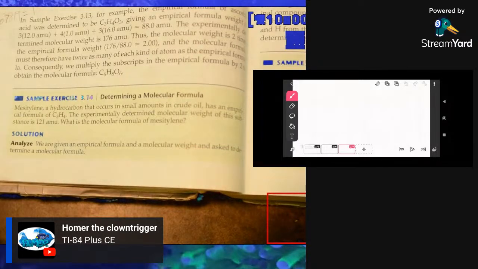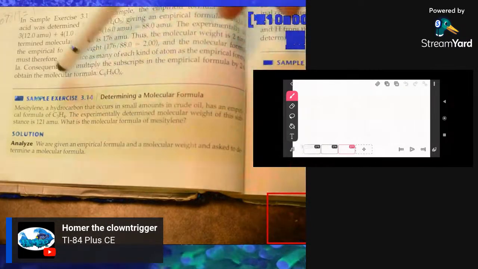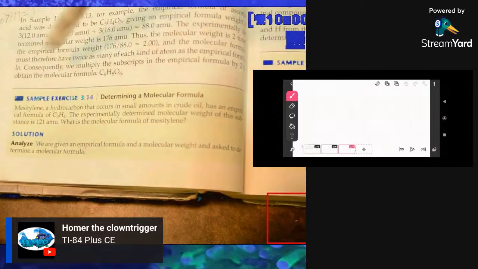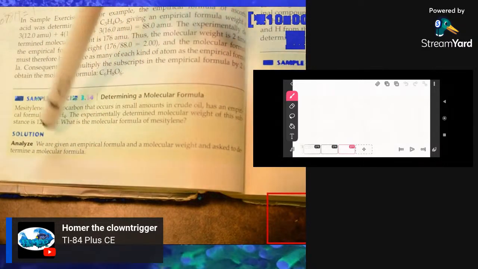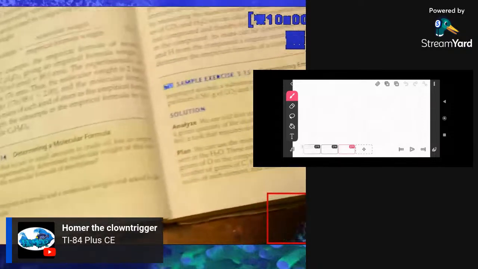All right, C3. I'm trying to see this real quick. Let's just read what it said. But let's keep going. Solution. We are given the empirical formula and the molecular weight, and asked to determine the molecular formula.